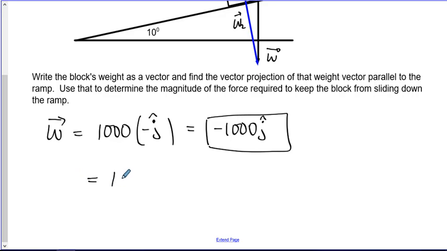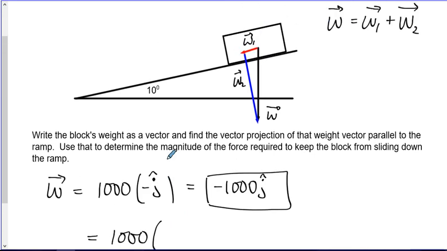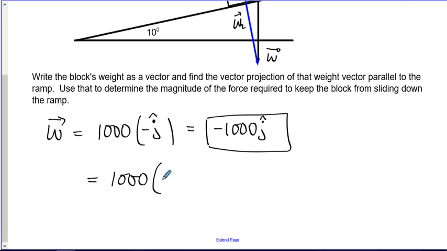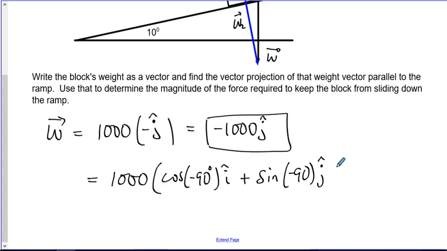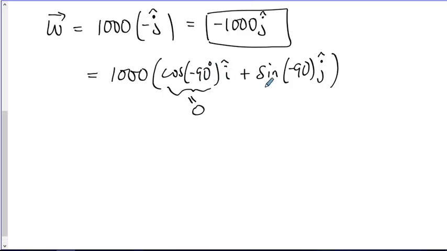By the way, this is just an aside. Notice that you could have done this. You could say, what angle is this vector W relative to the x-axis? It is, let's say, 270 degrees or minus 90. I'm going to use minus 90. So if I had gone cosine of minus 90 degrees for the i component and sine of minus 90 for the j component, this cosine of minus 90 is equal to 0, and this sine of negative 90 is equal to negative 1.